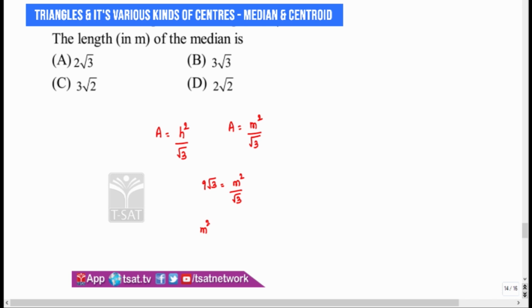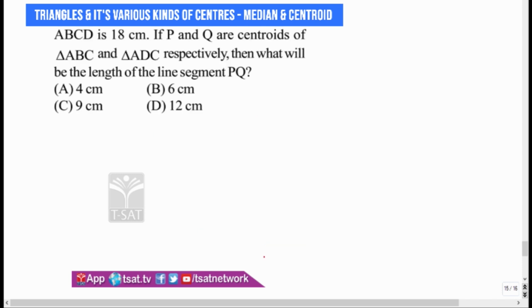Median square is equal to 9√3 into √3, which is 27. Length of median is root of 27, which is nothing but 3√3 centimeters. So, if you want the direct formula between area and the median, area is equal to median square by √3.